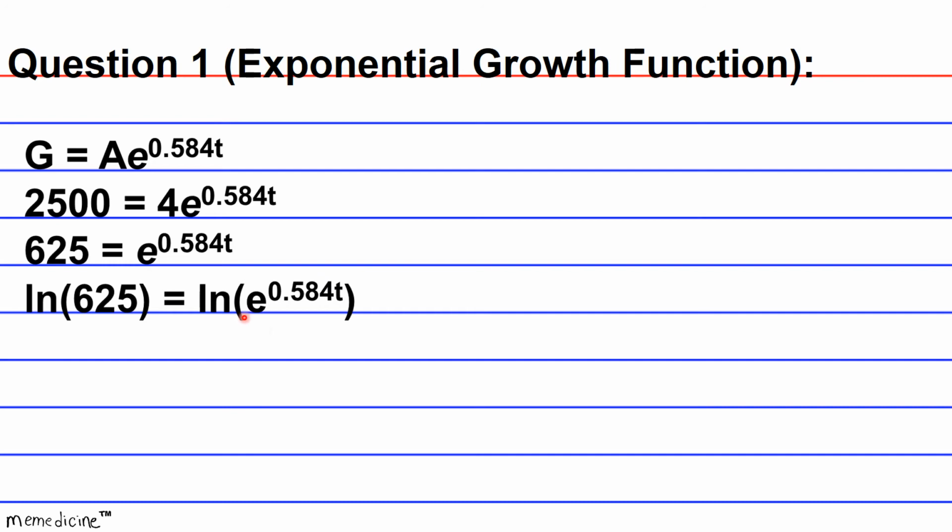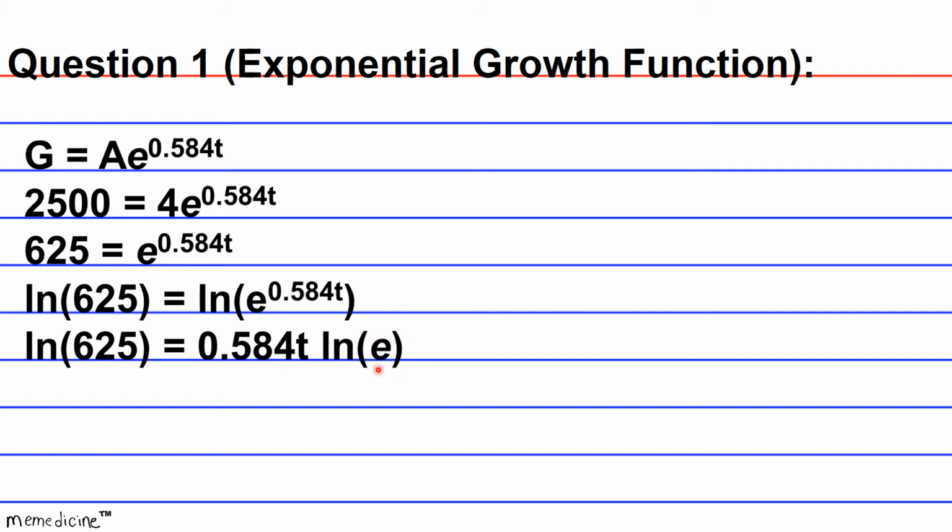If you don't know why this is, you have to watch my basics video on the power rule of logarithms. So we took down the exponent and brought it out front. This is now going to be a product: 0.584t times the natural log of e, which is equivalent to the left-hand side, the natural log of 625. And now, goody, we have another logarithm property we can use.